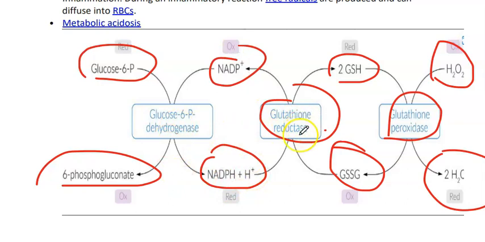So this cycle continues. The reduced glutathione is converted to oxidized and converts the H2O2 into water, and again oxidized glutathione is converted back to reduced form by NADPH, which is generated in this pathway.